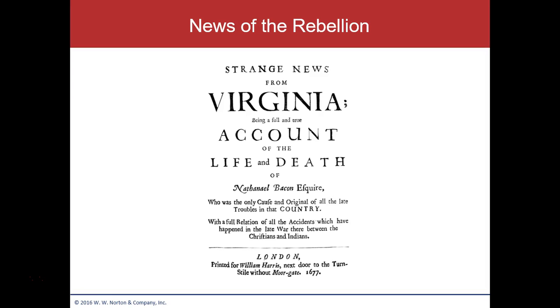All right, so this is news of the rebellion. So you have Strange News from Virginia, being a full and true account of the life and death of Nathaniel Bacon, Esquire.